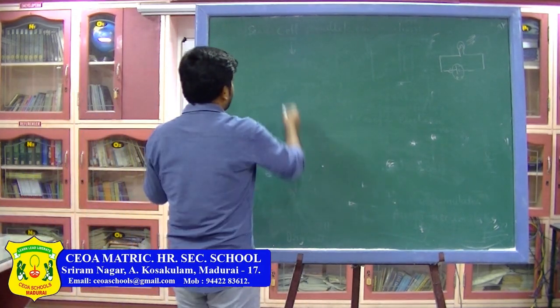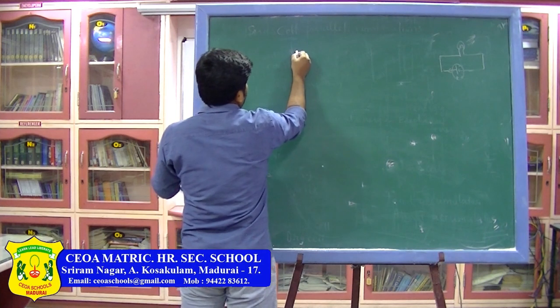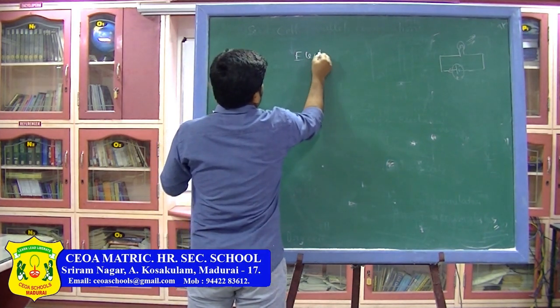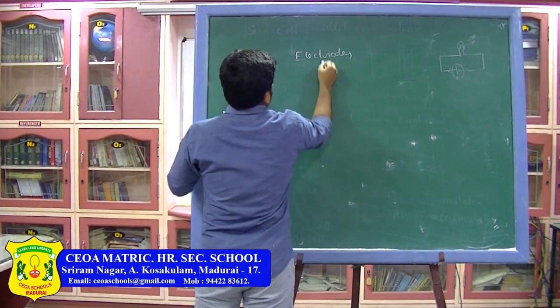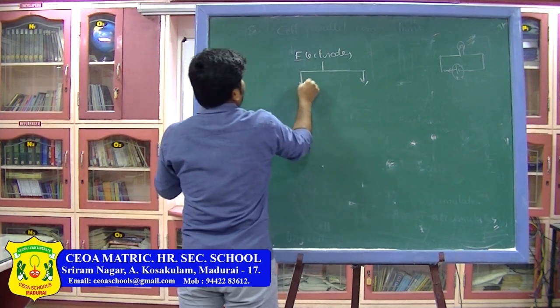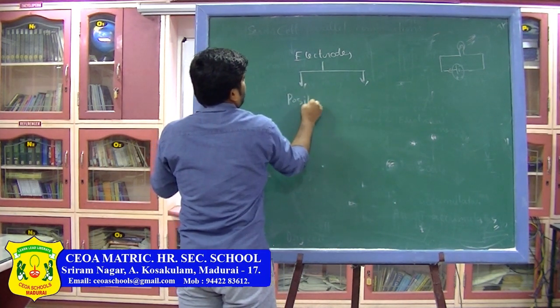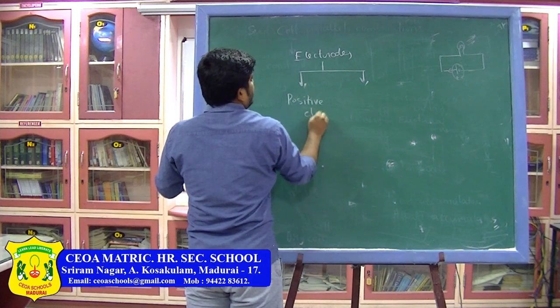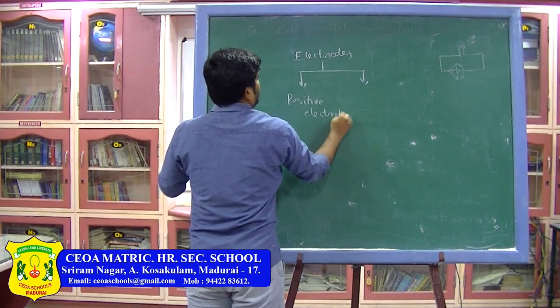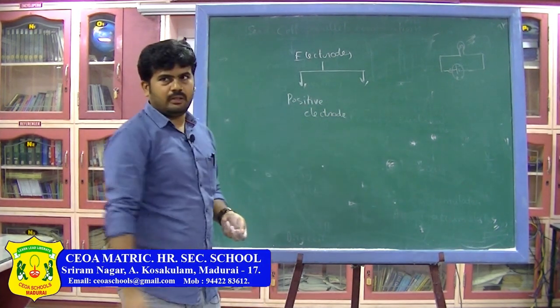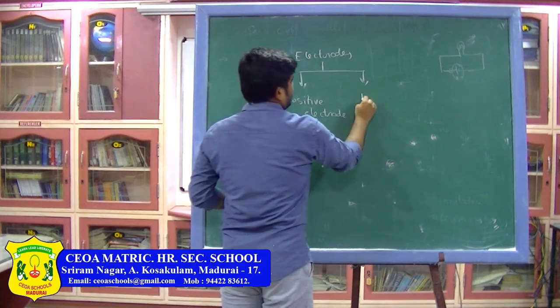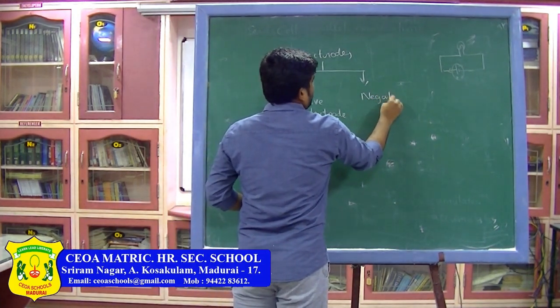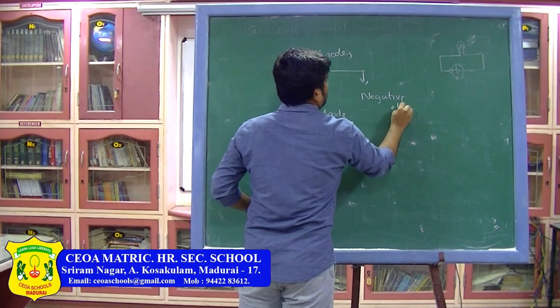Generally a cell contains two electrodes, namely a positive electrode and a negative electrode. Generally we call the positive electrode the positive terminal in electricity. This one is the negative electrode or negative terminal.